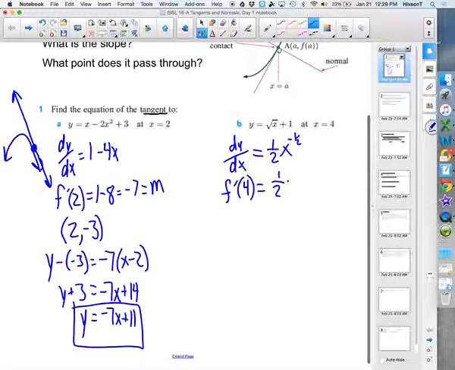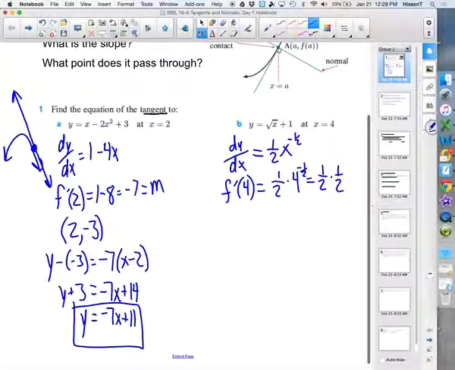Now obviously I need to be able to interpret what 4 to the negative 1/2 power is. What is 4 to the negative 1/2? 4 to the 1/2 is 2, so negative 1/2 would be 1 over 2.